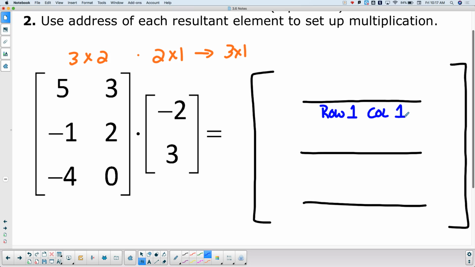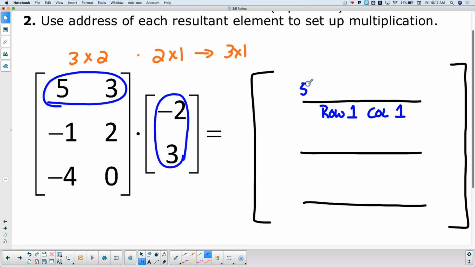So I'm going to take the first row times the first column. Because I'm in row 1, column 1, I take the first row times the first column. So that becomes 5 times negative 2 and 3 times 3.